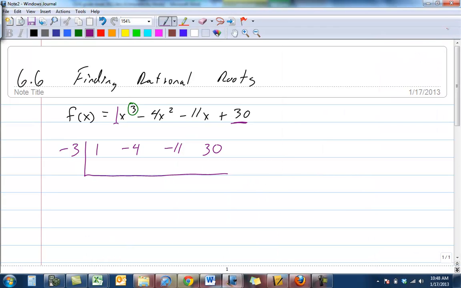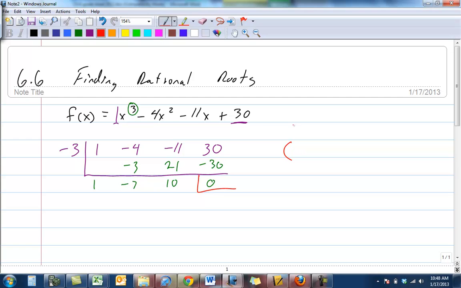Put that down for a minute. So synthetically divide really quick. 1, -3, -7, 21, +10, -30, remainder of 0. So just as we suspected, -3 is a factor.